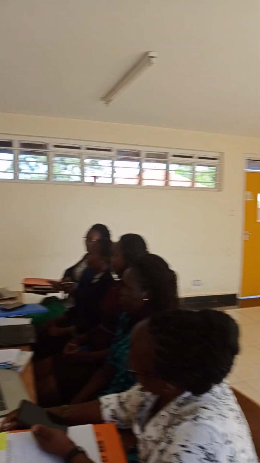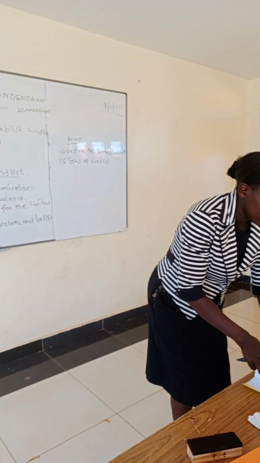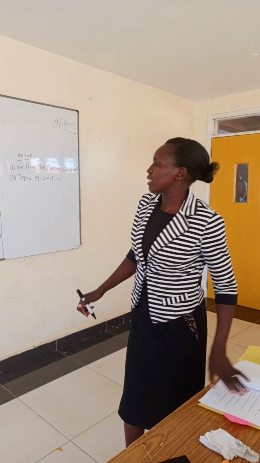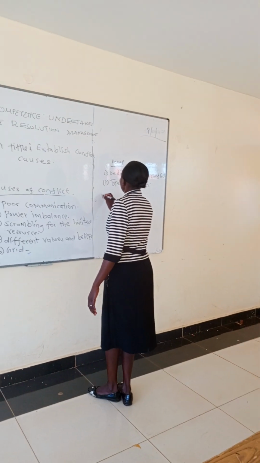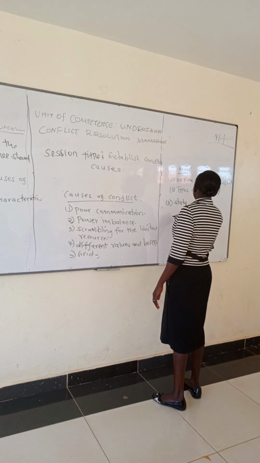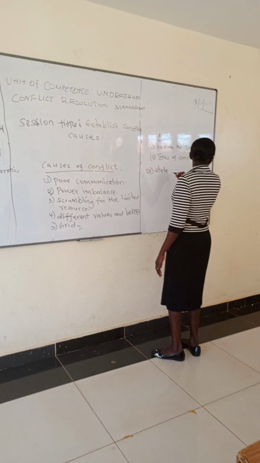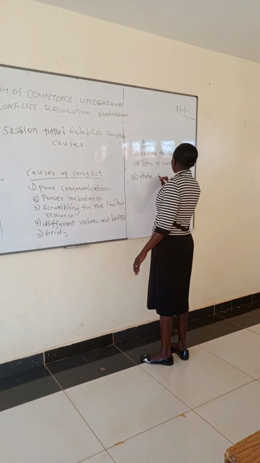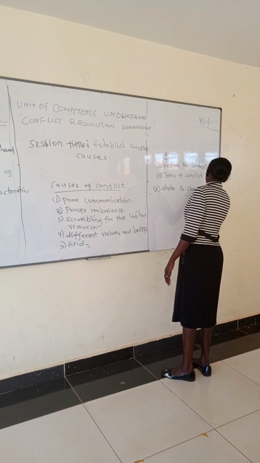Now, secondly, let us look at the characteristics of conflicts. Since time is not on our side, we are going to state only three. Let us state the three characteristics of conflict.